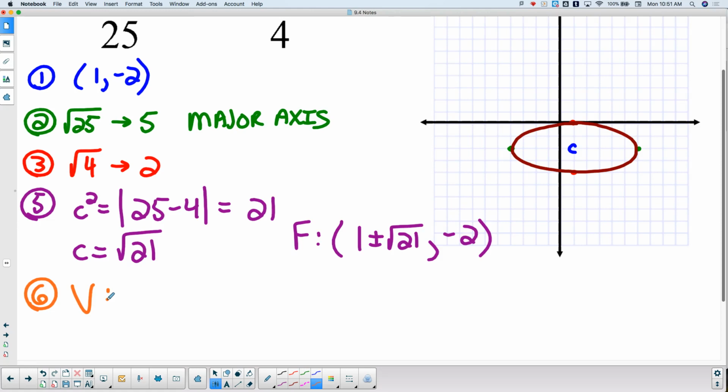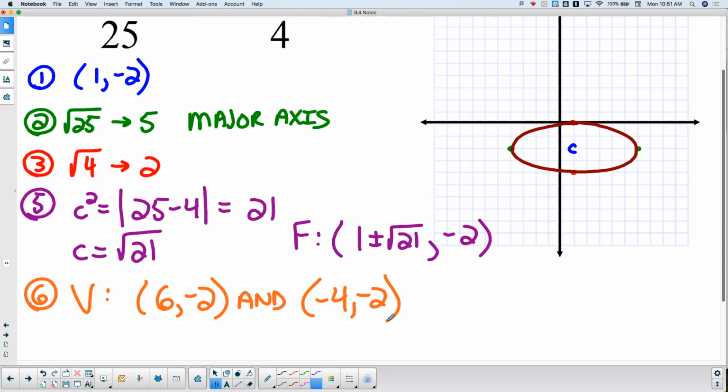So what are the two endpoints of the major axes? That's everything that you need to know about an ellipse. Right there.